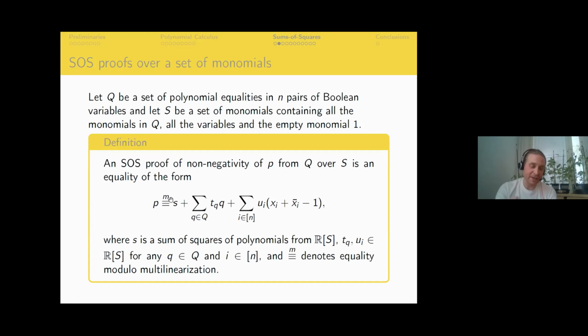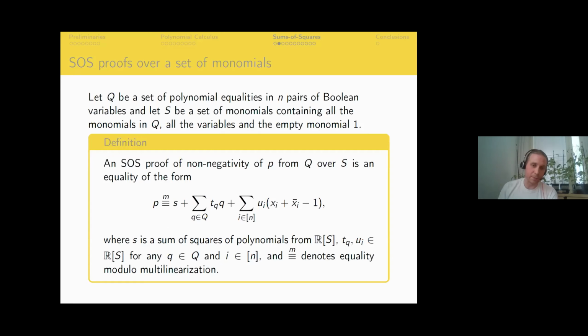So here we need to handle separately the two forms of Boolean axioms. For this complementarity axiom, we need to be careful about its lifts, but for the x squared minus x axioms, we don't need to be that careful.